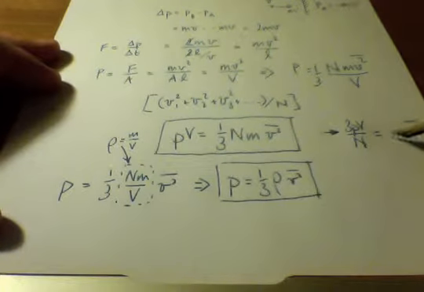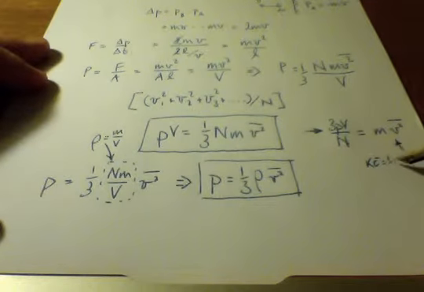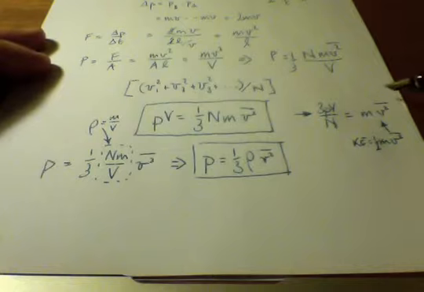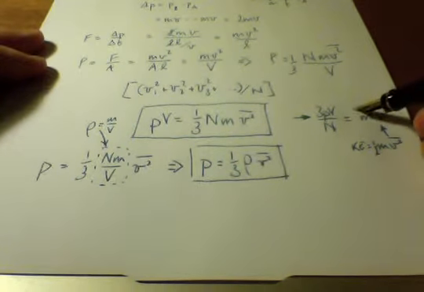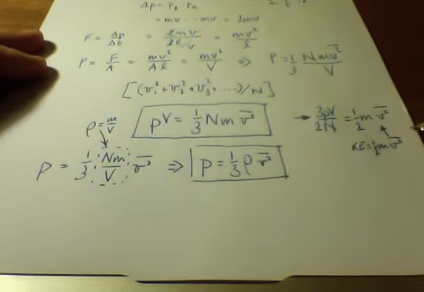Now this isn't very far away from the kinetic energy equation, which is a half m v bar squared. So therefore, if I put a half on both sides, then effectively I've come out with a kinetic energy.